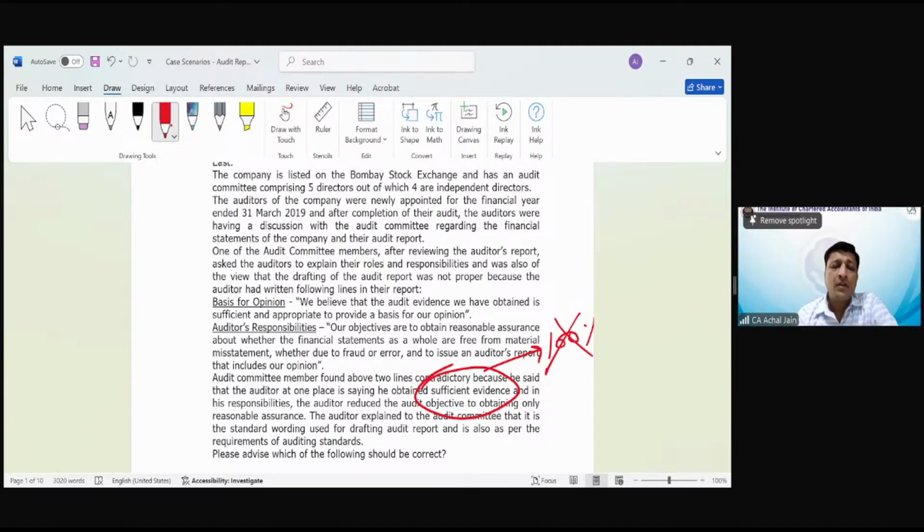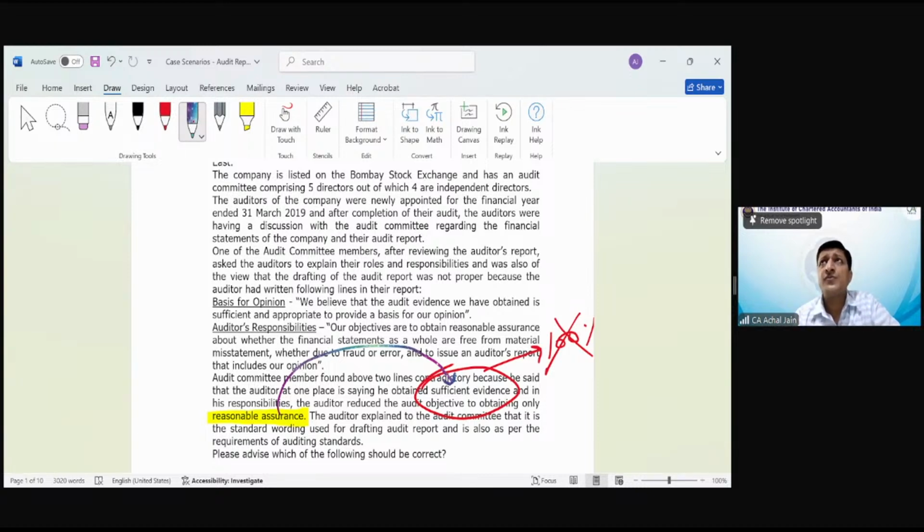Answer is no, because sufficient evidence means for achieving his objective of reasonable assurance. Whatever he tried to do, he has been able to complete that. His objective was reasonable assurance.